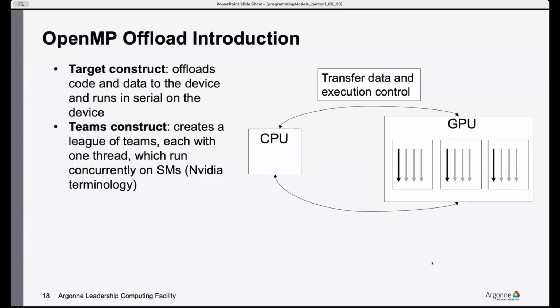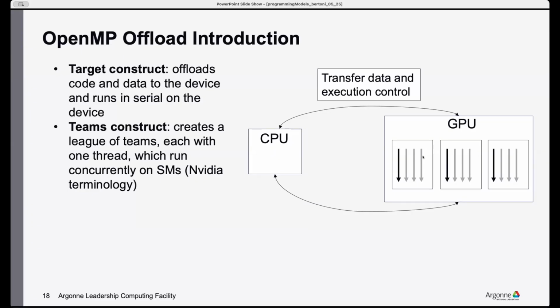So if you want to run more threads, the teams construct creates a league of teams. Each team typically runs on a sub-block of the GPU, and in that block, usually there's some shared resource like shared memory or shared reduction hardware. It depends a little bit on which vendor you're using where that runs, but typically on NVIDIA, it will run on an SM.